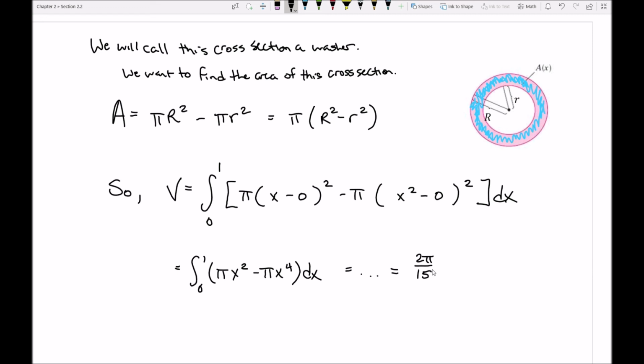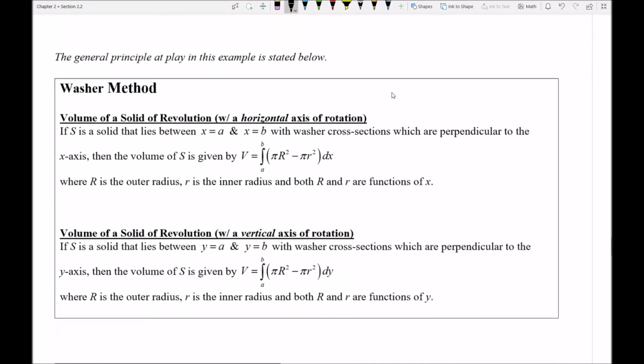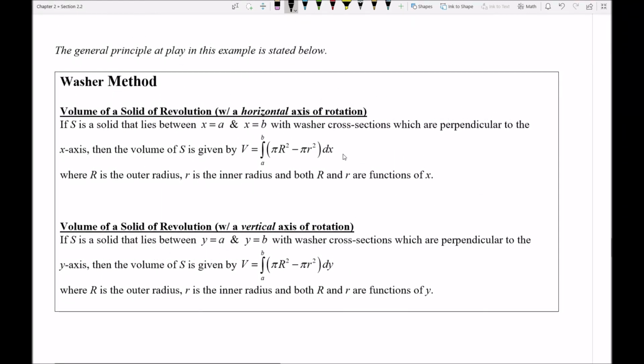Now, this illustrates the idea that we will not always end up with circular cross sections. Sometimes we'll end up with cross sections that have a hole in the middle, or these washers. And so we can summarize this down below in what we refer to as the washer method. There's a lot of added detail here that's not really necessary.